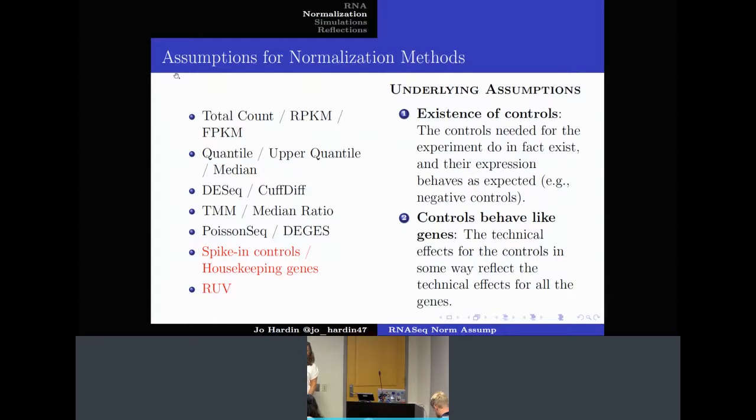For condition A and condition B, they have to be negative controls that are not changing. But then my understanding is there's an even bigger issue, especially if you're doing a spike-in experiment. You have to get the technical effects to be the same for the spike-in controls as for the rest of the genes in the sample.